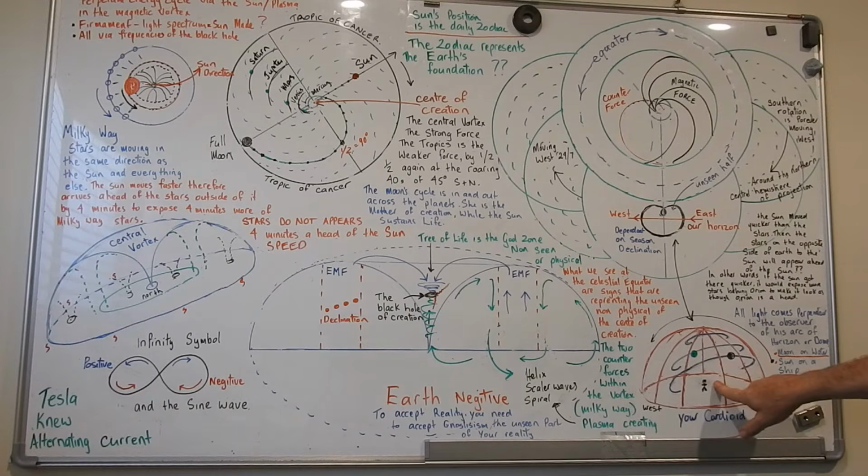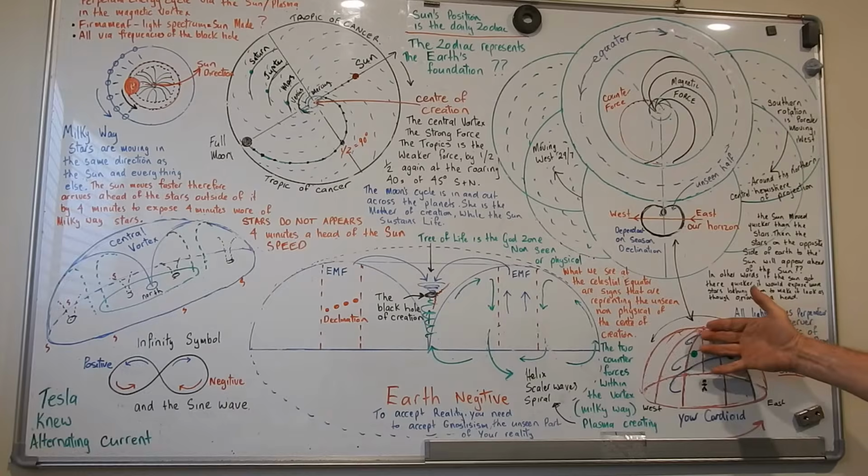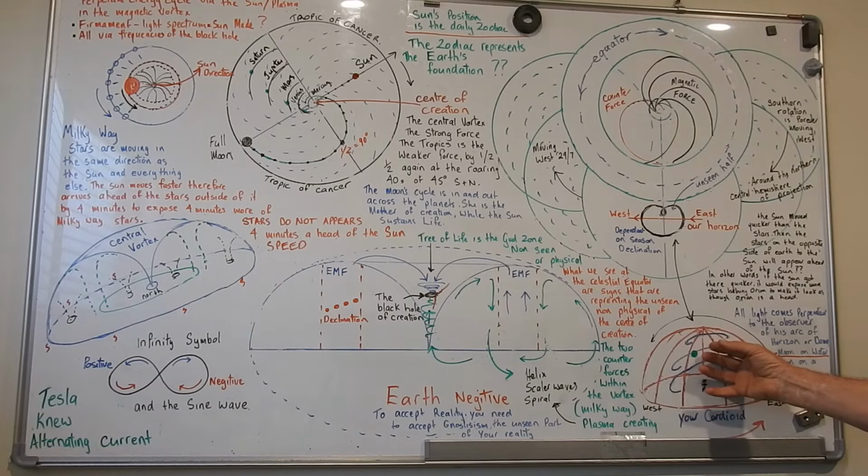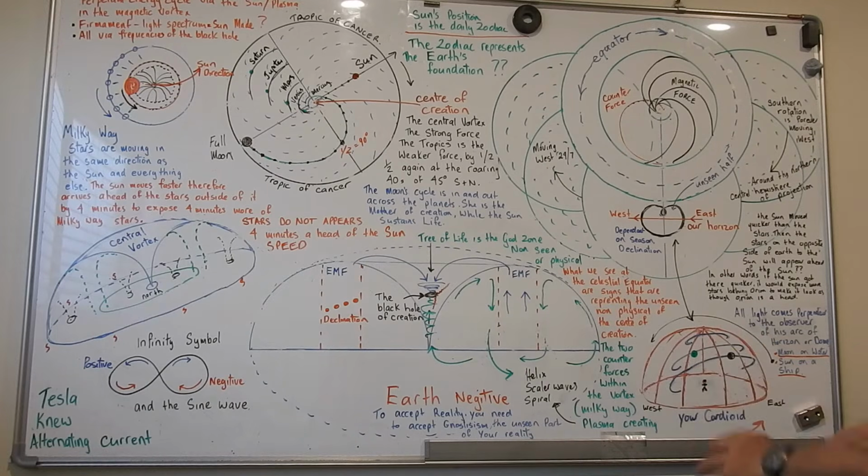Science fools you and just tells you the sun is 93 million miles away and all light comes parallel to Earth. Very funny. The sun is a focal point in your arc of horizon. It's only seen in your arc of horizon, made up of frequencies. It's not out there.